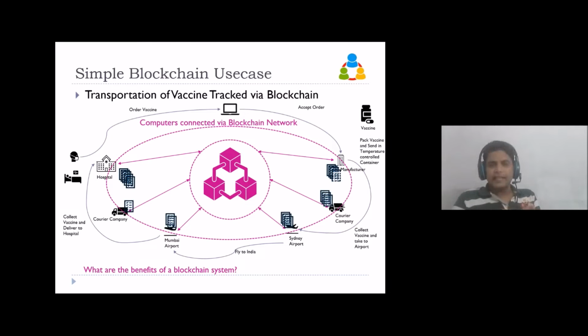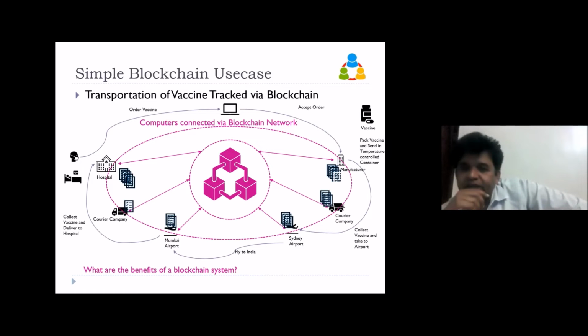And if the manufacturer updates that information saying that I sent it on 20th October instead of 30th October, that will be updated in block number 110, and that information also will be broadcasted onto all the computers.